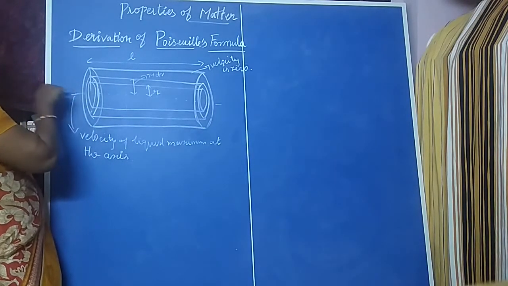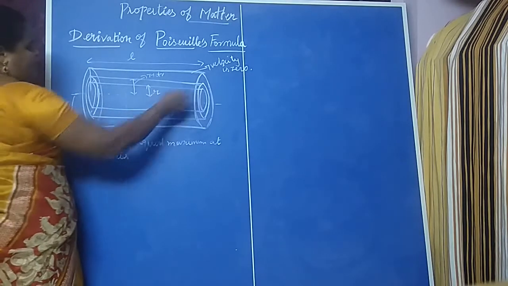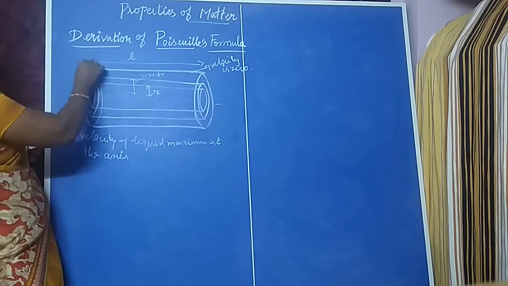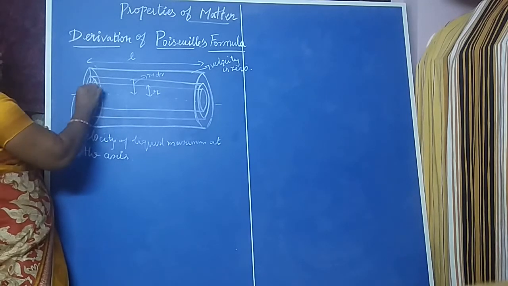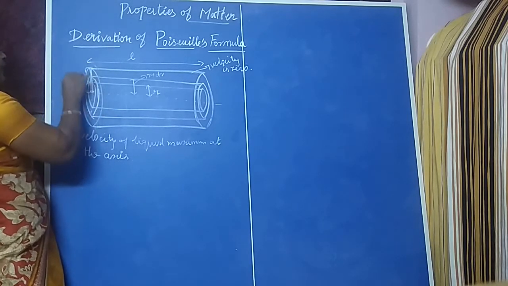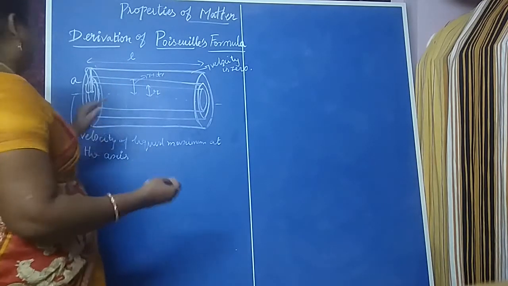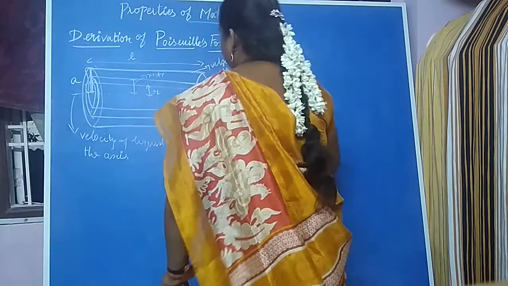For that, we are going to calculate how much of the liquid flows through the shell, and then we have to calculate for the entire capillary tube of radius A. With this consideration, we are going to derive Poiseuille's formula.